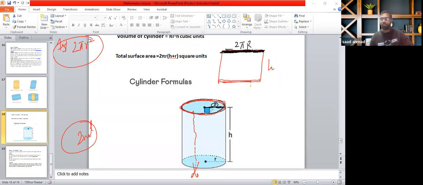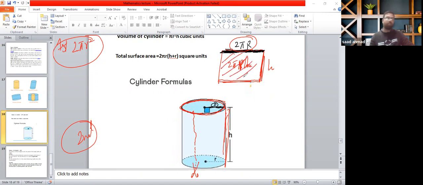And we know the formula for the circumference of a circle is 2 pi r. And this length is h, because it remains the same. We did not do anything with that. So the area for this one is 2 pi r h. Then it's 2 pi r h for this sheet.